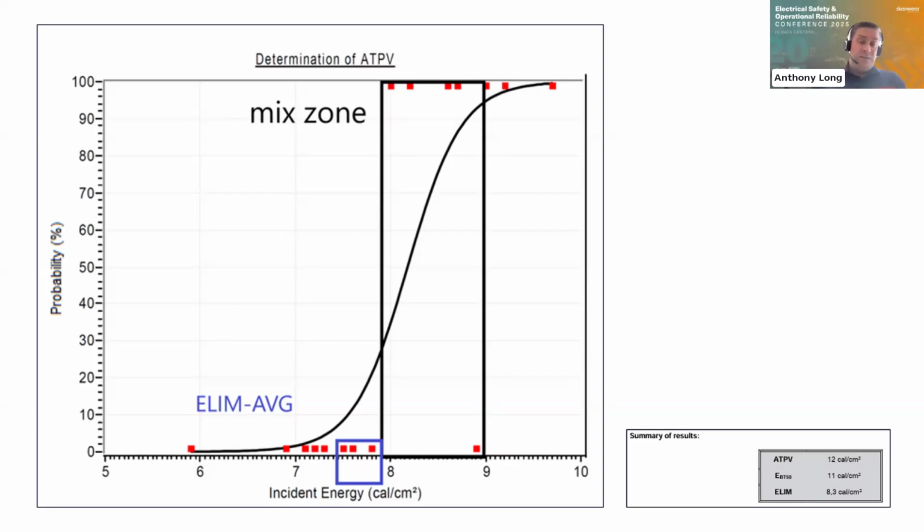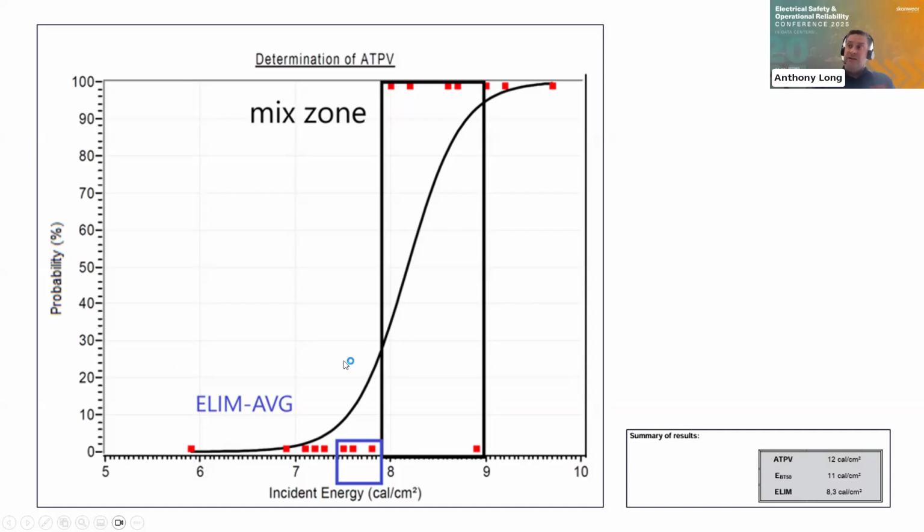At the bottom, starting off here, you have an arc rating at 5.9-ish roughly, but no burn. Then you've got 6.9, 7, etc., all the way through here of no burn. And then once a burn occurs, up here you've got like 8 cal, and then up through to probably 9.7 cal, and they've burnt. But obviously you've also got an 8.9 here, which didn't burn.